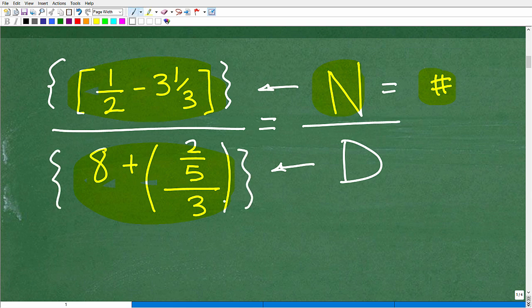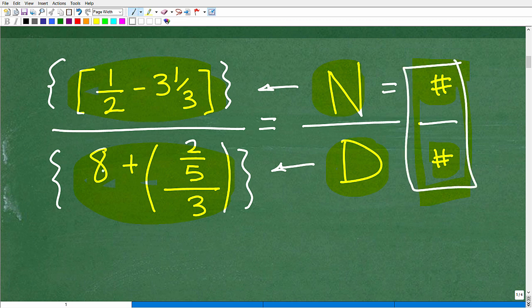You're going to work on all of this and get that down as one value, one denominator, and then at that point, we'll tackle the remaining problem, which is going to be a much simpler version of what's going on here. Now, sometimes you might have a whole number here and a whole number here. We just don't know, but we have to start simplifying, and this is the way we're going to simplify. We're going to separate these guys into two problems. So just think of this as one problem, think about this as another problem, and then at the end, we'll deal with what's remaining, and we'll finish this problem.